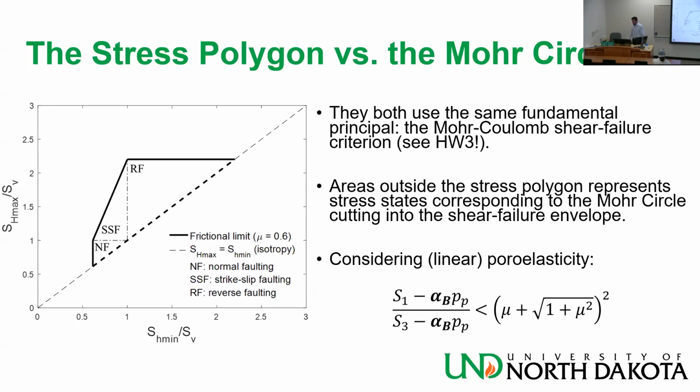Well, Nassim has a paper from last ARMA. You can find it in OnePetro. He has a lot of polygons and shows the effect of everything on the polygon. I think he has different lines to show what happens as alpha B decreases.